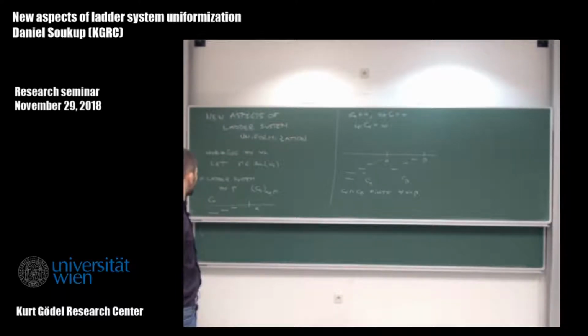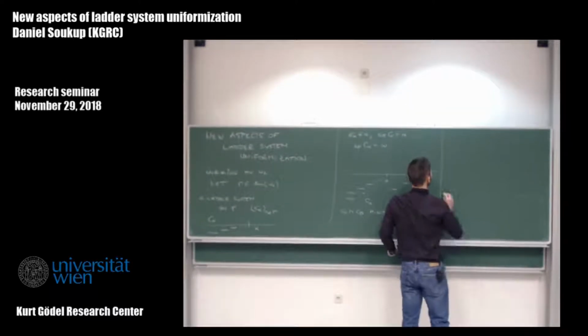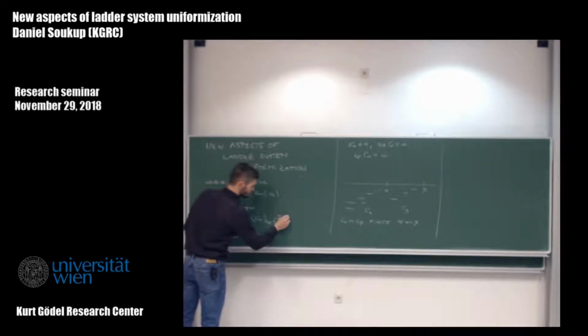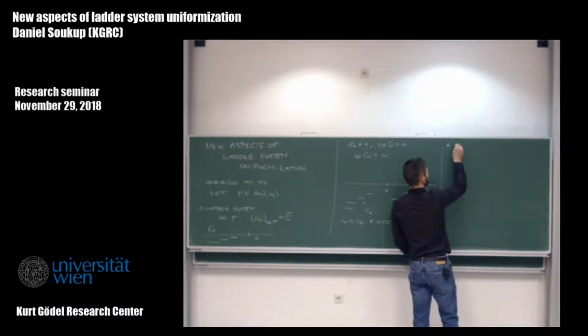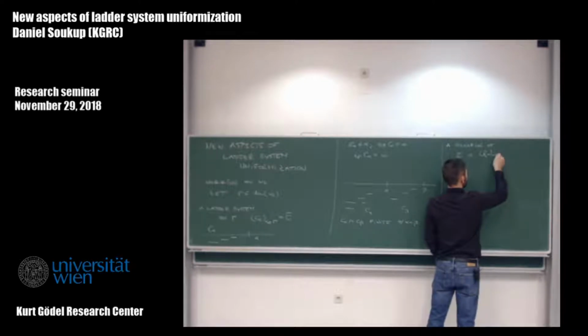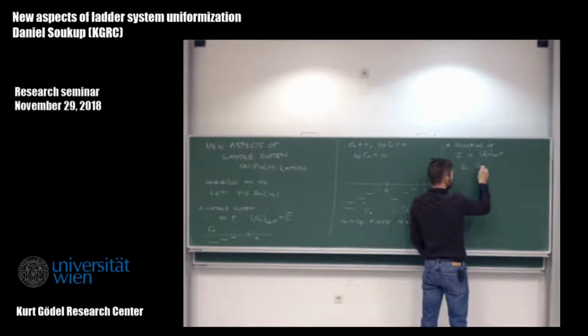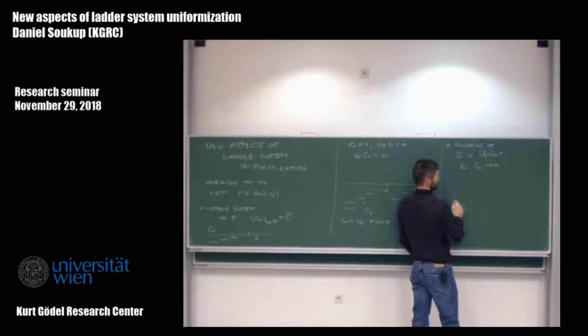Okay, so what we're going to do is we're going to color ladder systems. Let's say that these C's are going to be denoted by C bar. C bar is a ladder system. So a coloring of C bar is a sequence of maps, again indexed by gamma, such that each F alpha individually locally colors C alpha.